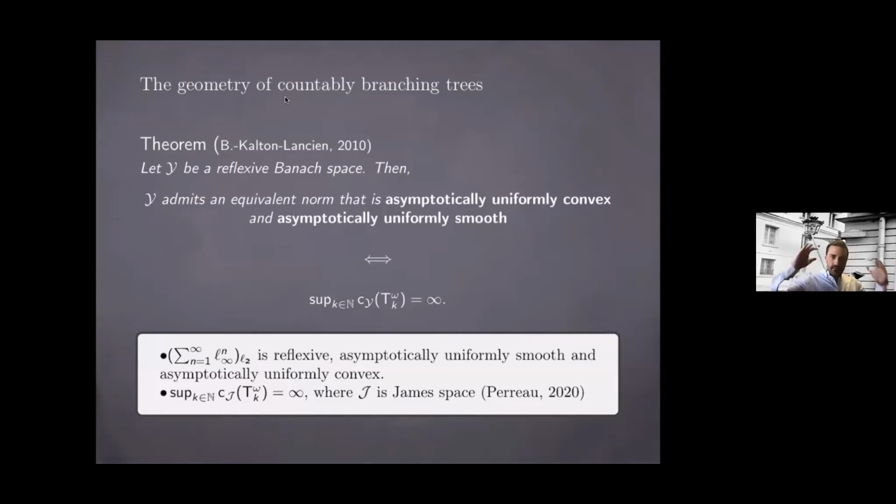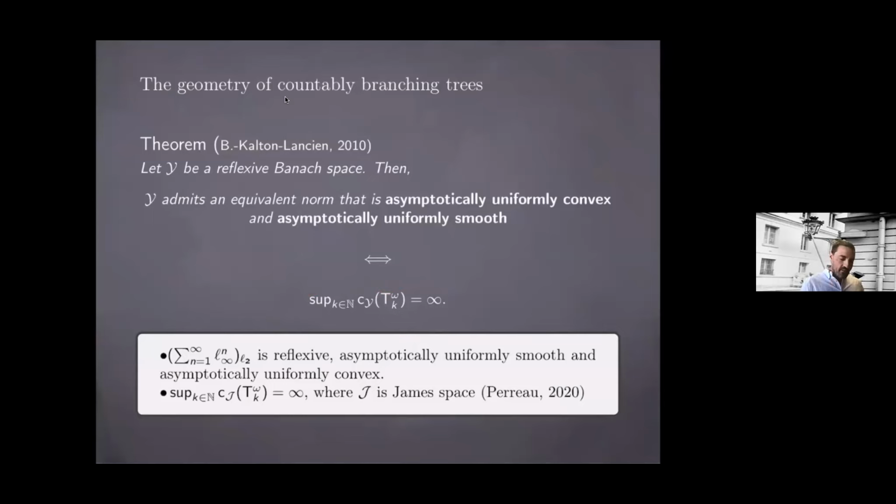So first, assume that your Banach space is reflexive. So I work in the reflexive setting. Then what we could show is that a Banach space has an equivalent norm that is asymptotically uniformly convex and asymptotically uniformly smooth if and only if you do not contain the countable branching trees.